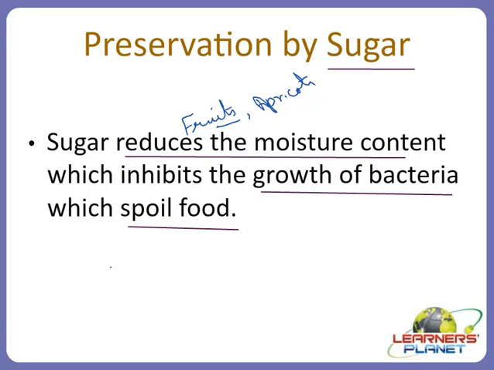But the disadvantage is there. Can you think of the disadvantage? It will increase the sweetness, the sugar content of the fruits, so the natural taste is going to be affected. But if you have to preserve it for the long term, then it could be used in different ways also. Now again, how is it done? You are using jams, isn't it? We are using jellies. So how are these prepared?